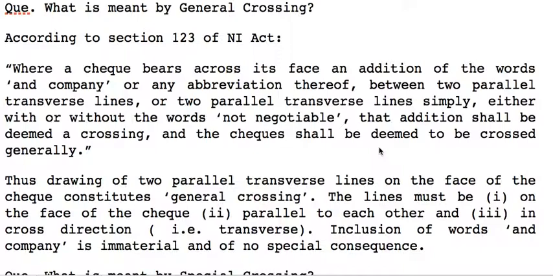Where a check bears across its face an addition of the words "and company" or any abbreviation thereof between two parallel transverse lines, or two parallel transverse lines simply, either with or without the words "not negotiable," that addition shall be deemed a crossing and the check shall be deemed to be crossed generally.